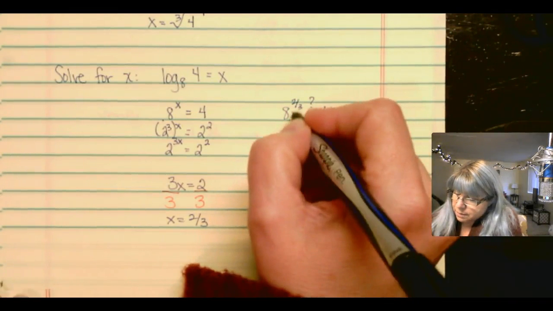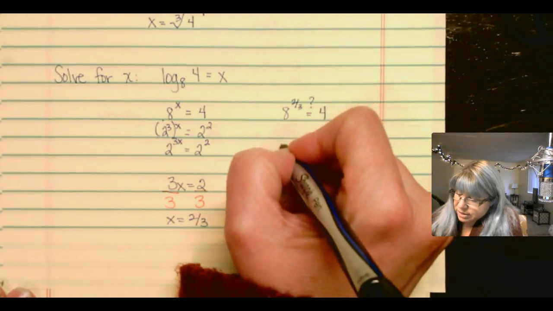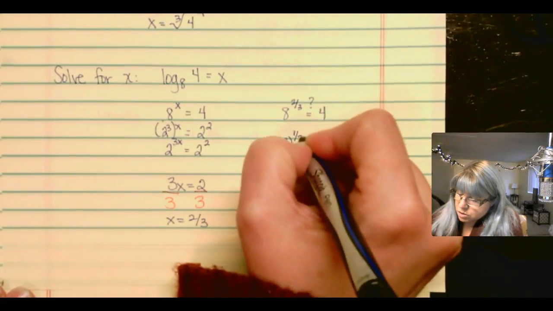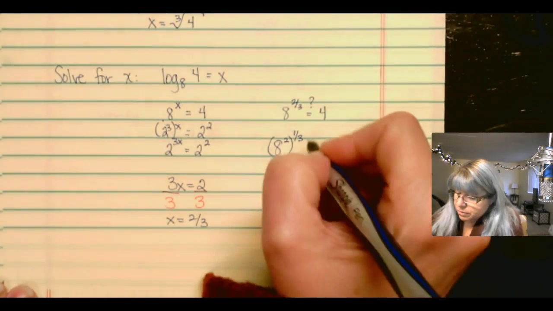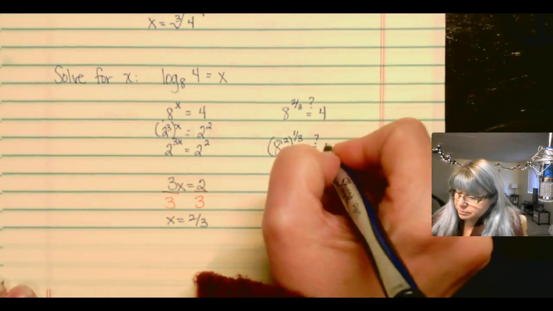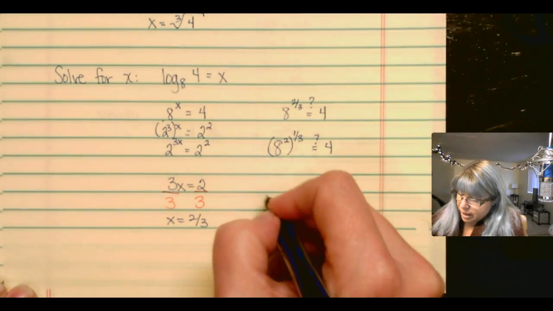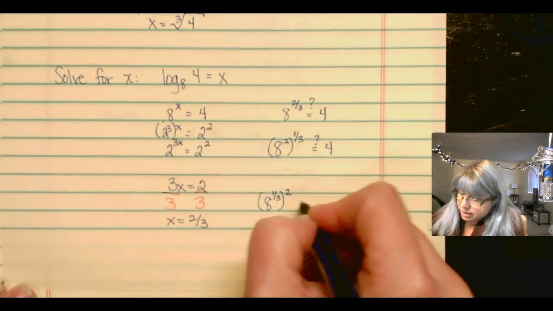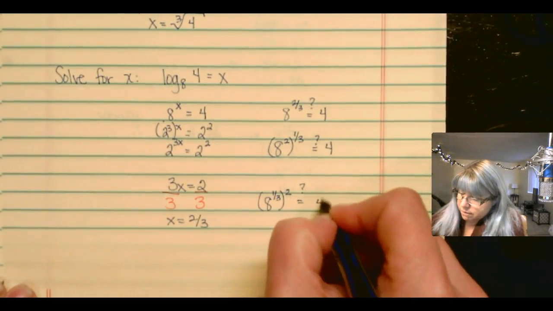I think I'm going to do that because I can rewrite this as 8 squared to the 1/3. Does that equal 4? Or the other way I can write it as 8 to the 1/3 squared. Does that equal 4?